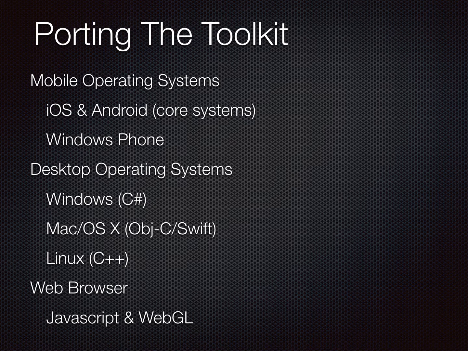Been asked a lot about desktop operating systems. Windows is appealing just because there's a lot of embedded systems based on it. Mac OS X is actually pretty easy, but there's not a lot of demand for it. And then Linux would be interesting, but it would require its own high-level C++ interface. And I know that may seem weird because the core is written in C++, but that's a very low-level interface.